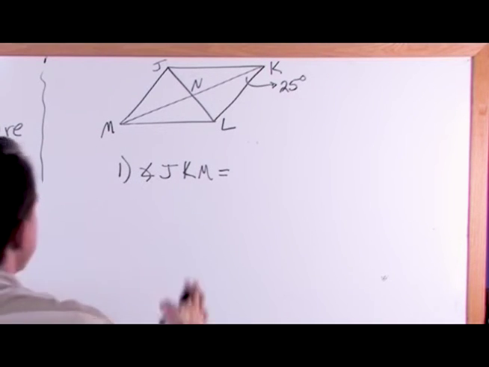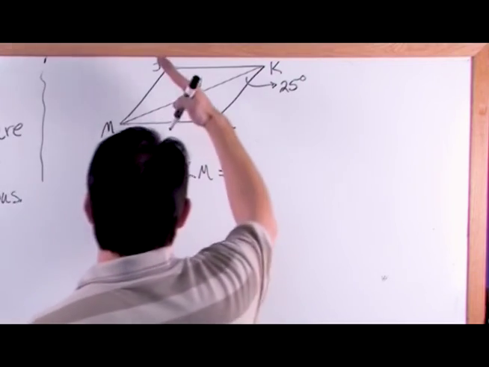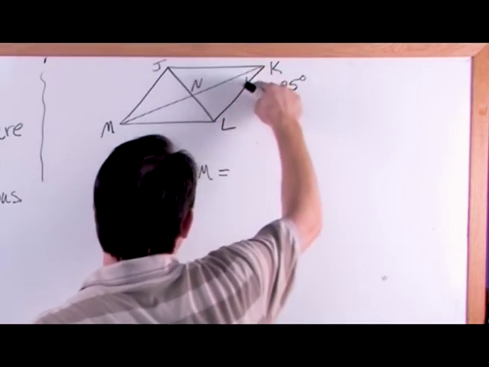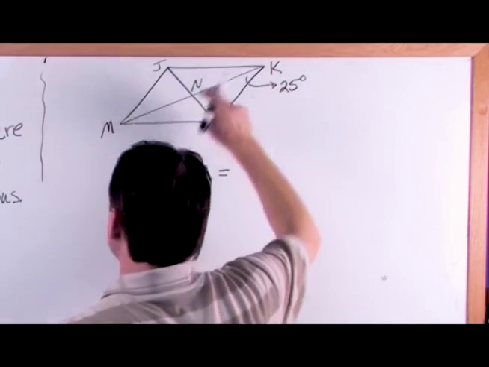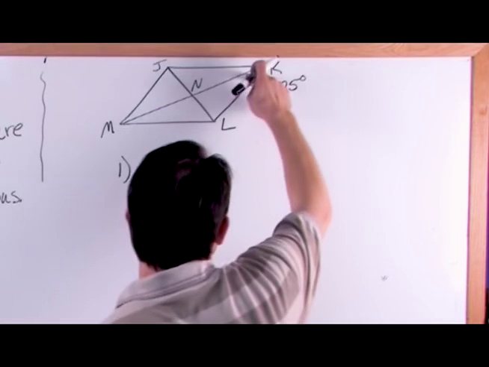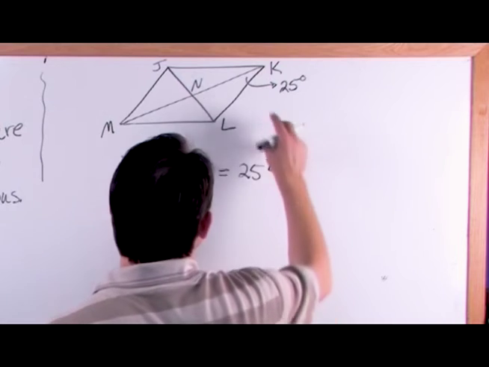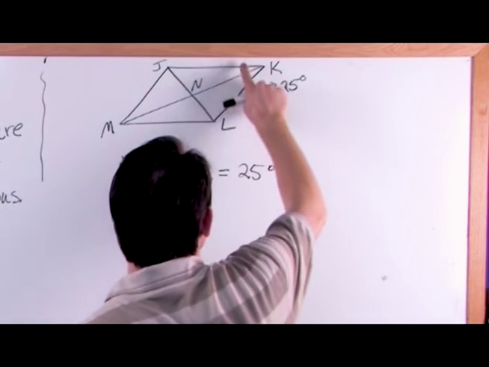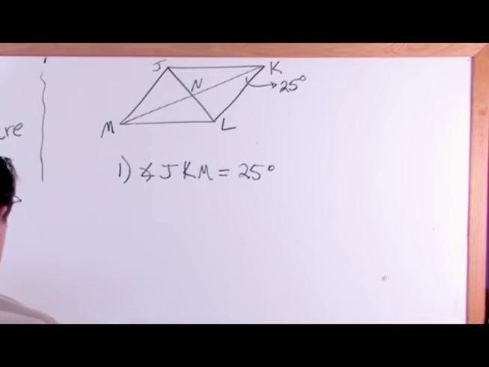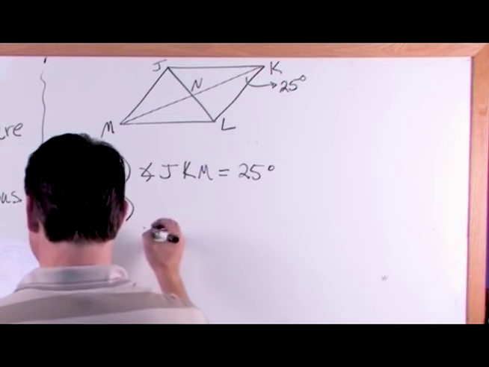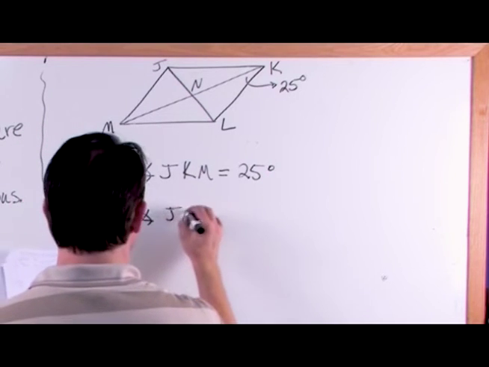Well, we already said over here that the diagonals of a rhombus bisect the angles. So this angle must be equal to this angle. So this is 25 degrees because the diagonal bisects the angles in the corner. Next, we want to find angle JML.